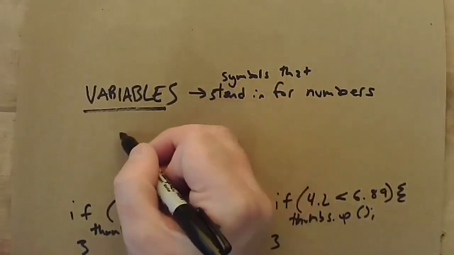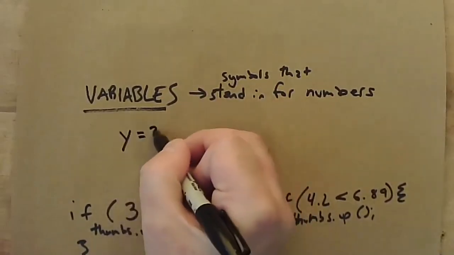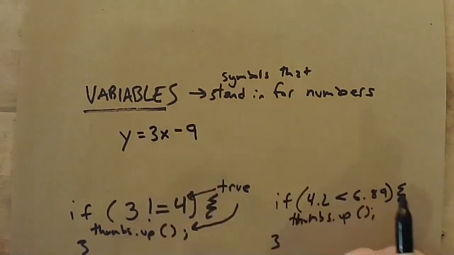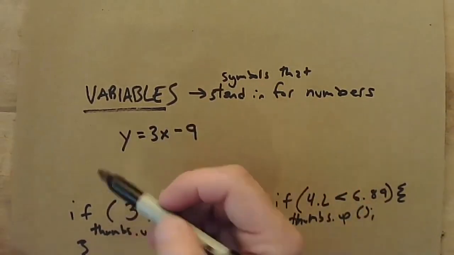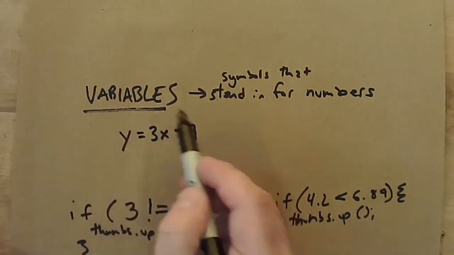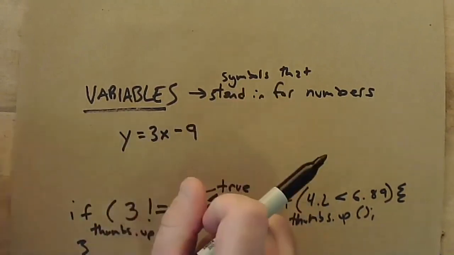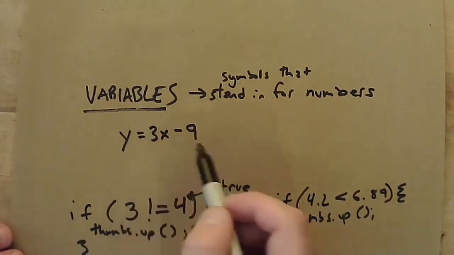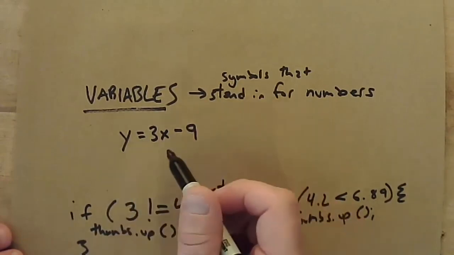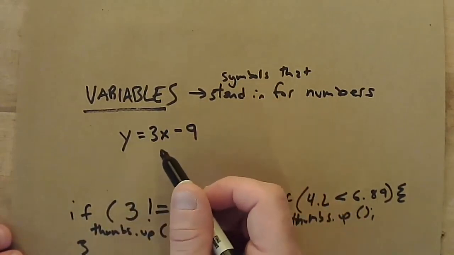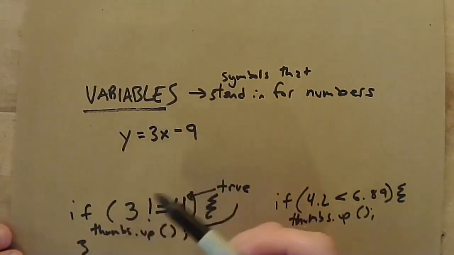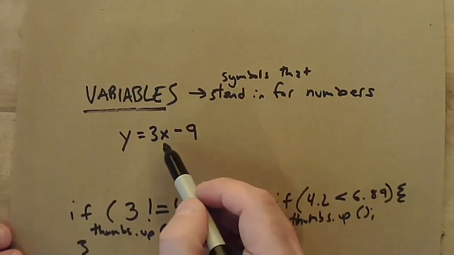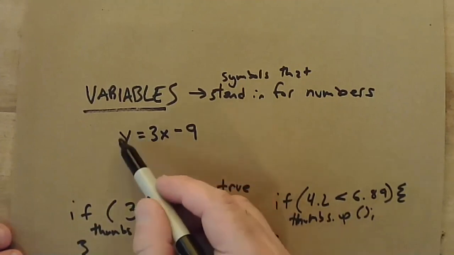So we have y equals 3x minus 9. Sorry if I'm giving anybody flashbacks, but this is basically a rule, right? Our equation is a rule that is going to be able to manifest in different ways, right? As the value of x changes, so does the value of y.